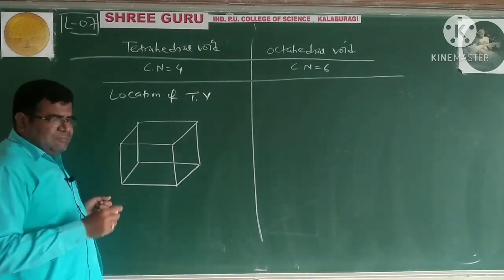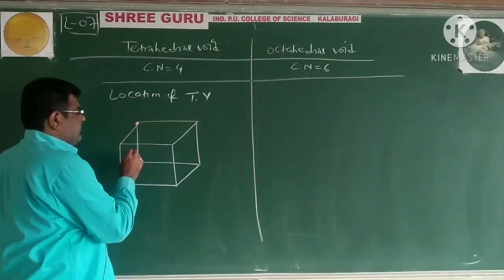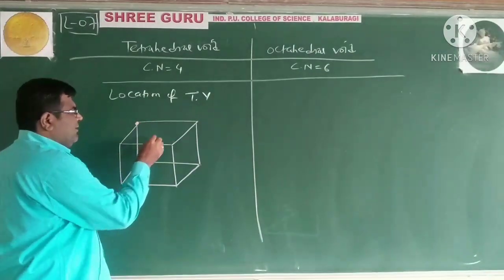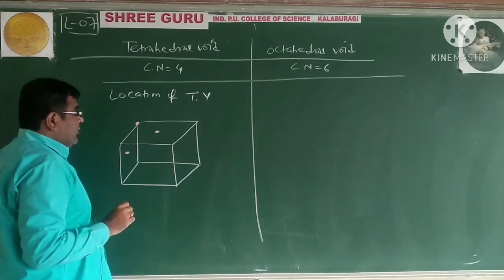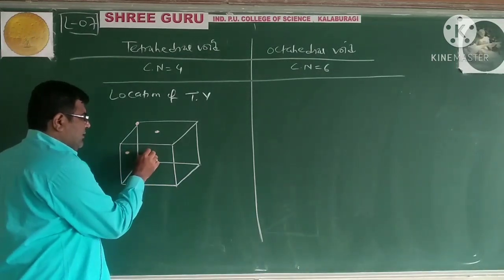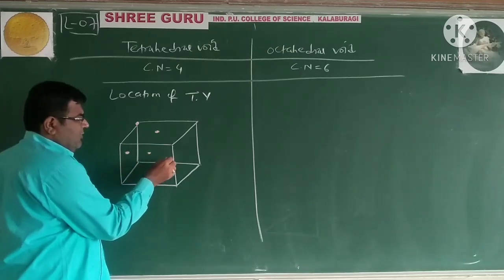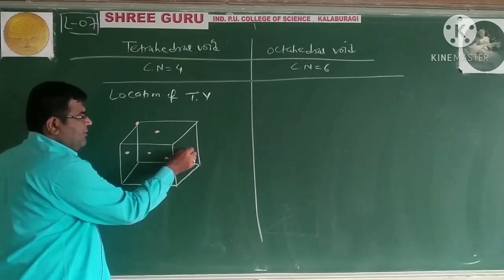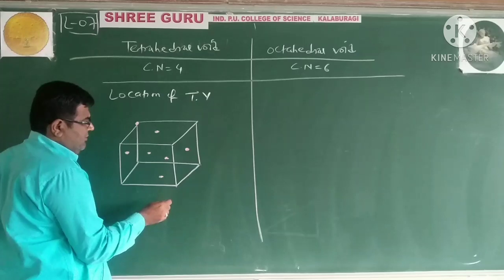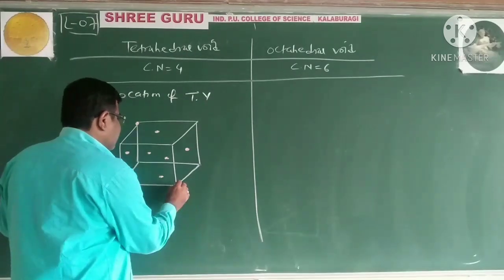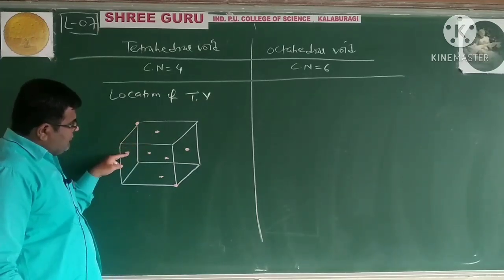I have drawn a simple cube, and in FCC the particles are present at all the corners as well as on the face centers like this. Here is again a face center. Here is a face center, and here is the corner.